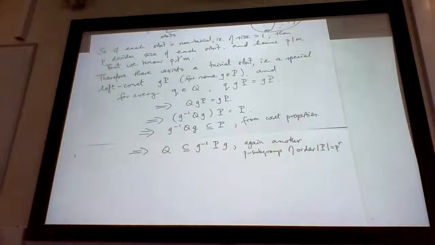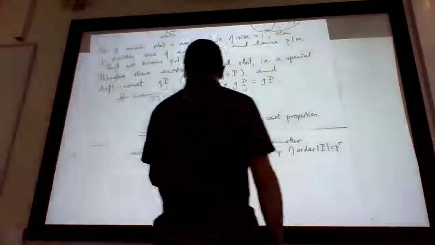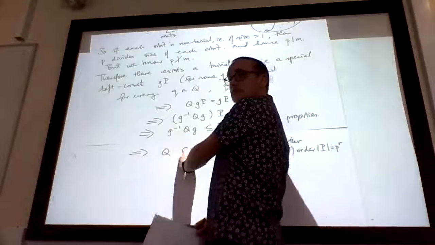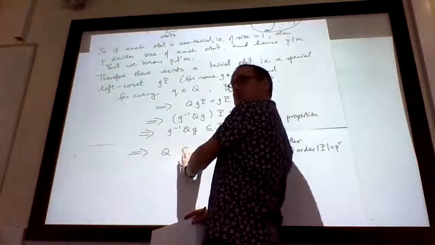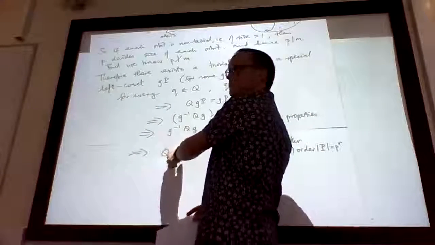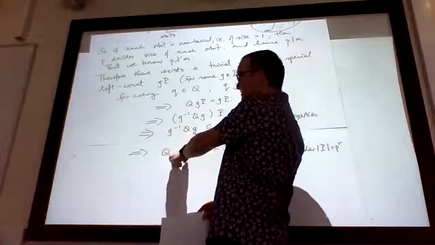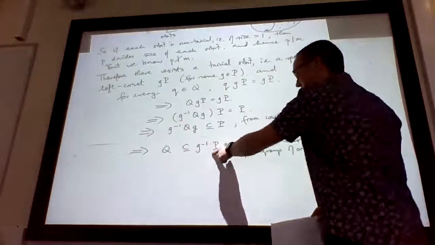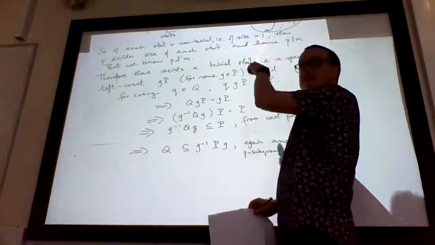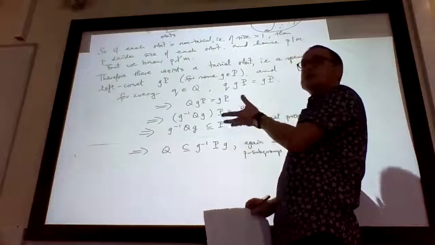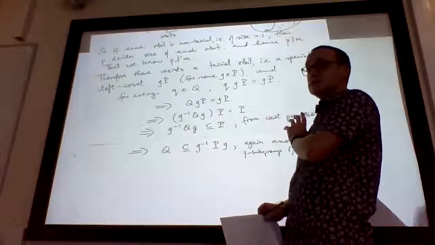They're the same. If this was a strict inclusion, if that was strictly smaller than this, then that would break the assumed property that Q was maximal. Because here it is contained in a somewhat bigger p-subgroup. But Q, we said at the top, was assumed to not be contained in any bigger p-subgroup.